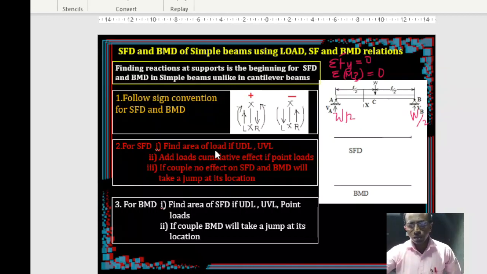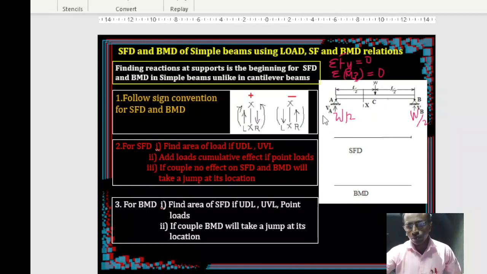Now let's start, assuming that you have the reactions. The first thing to note is that we have to follow the sign convention. For shear force, the way you proceed determines whether you are on the left or right of the section.